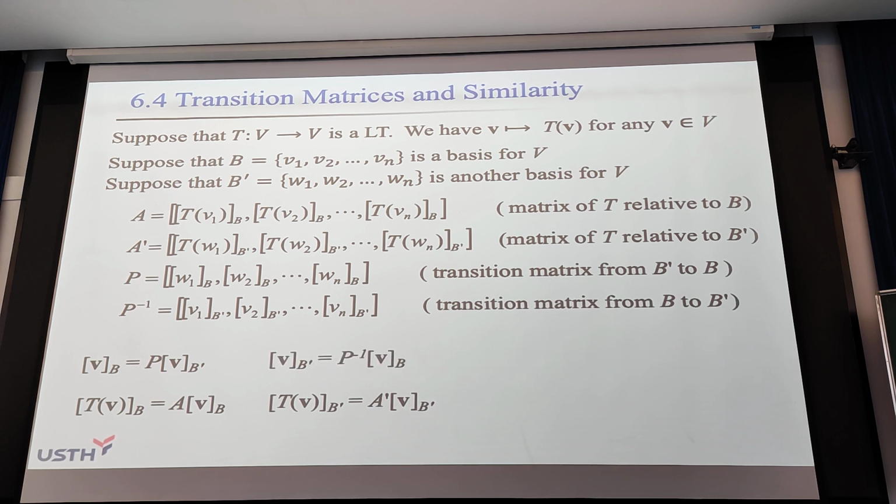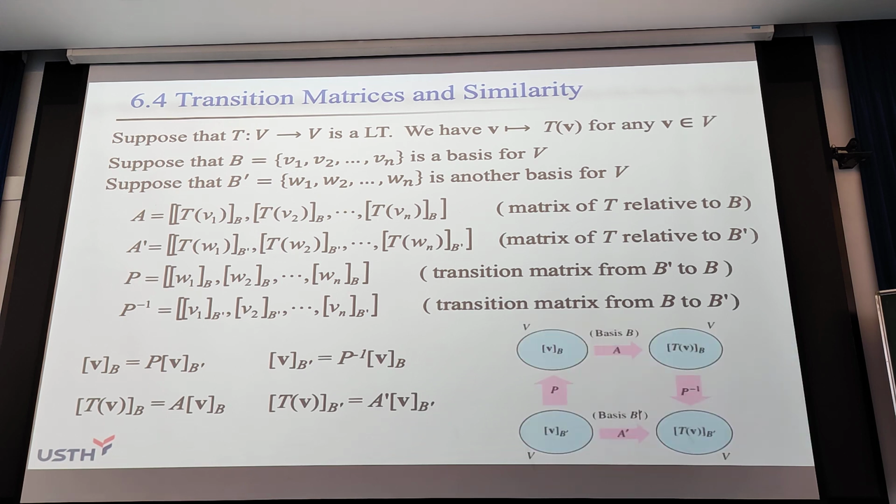So if you look at the slide here, there are so many formulas for you to remember. However, the picture here will help. The first one here, you have the coordinate of V relative to B prime, and using T, you transform it into T of V. You find the coordinate of T of V relative to B prime.